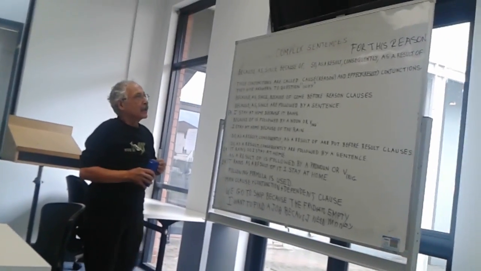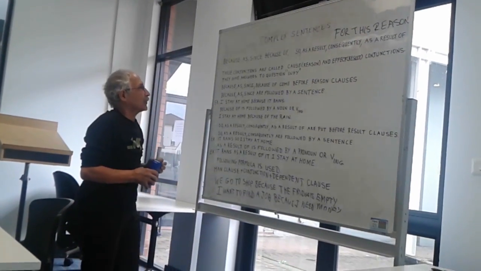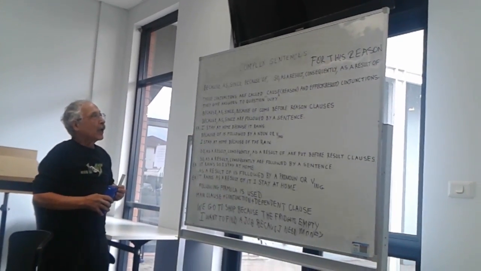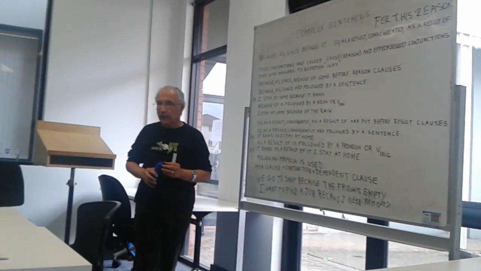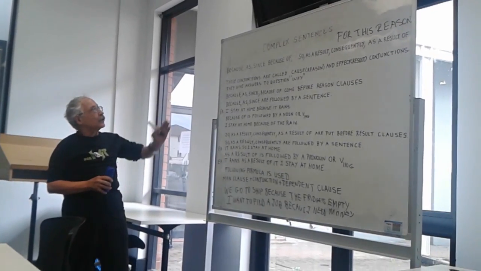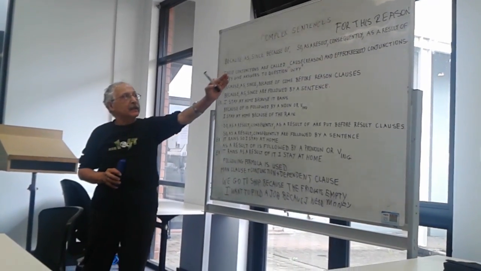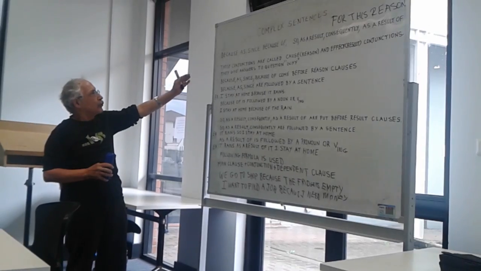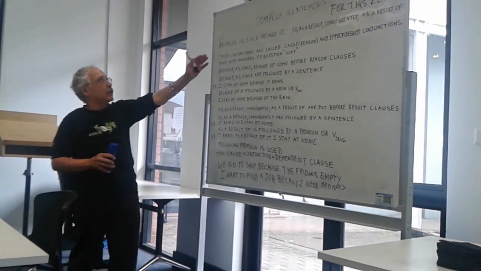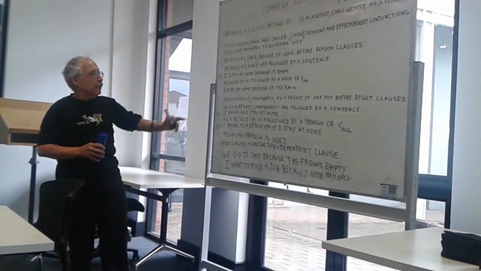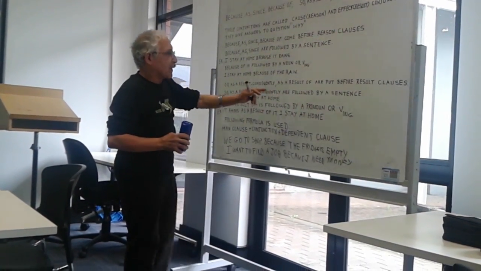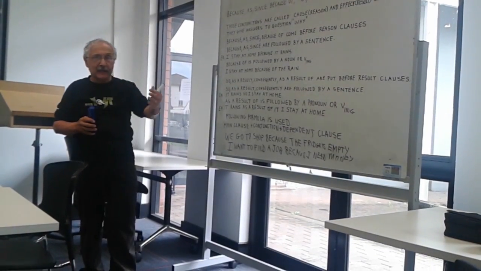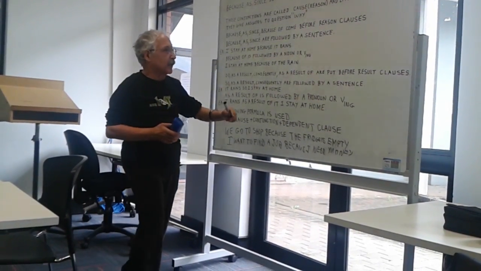This is the group of cause and result conjunctions: so, as a result, consequently, as a result of. The difference between the first group and the second group is that in the first group, because, as, since, and because of come before the reason clause.